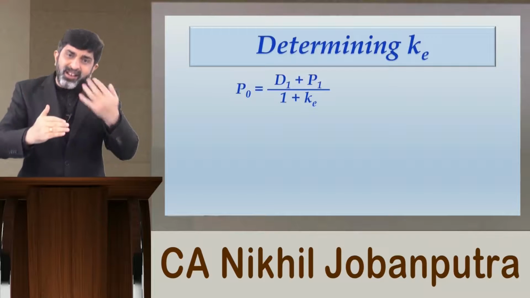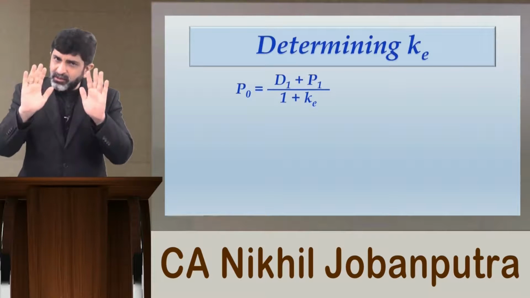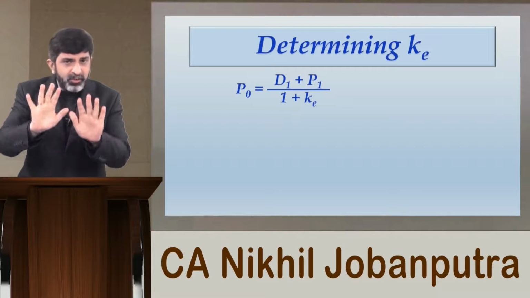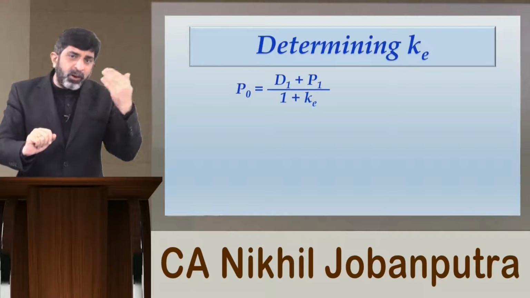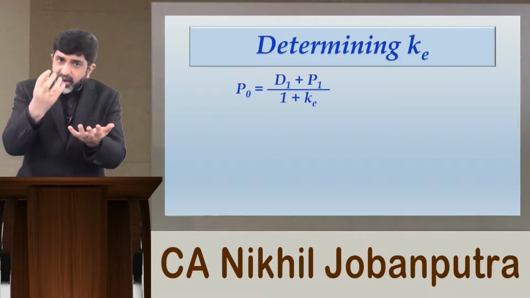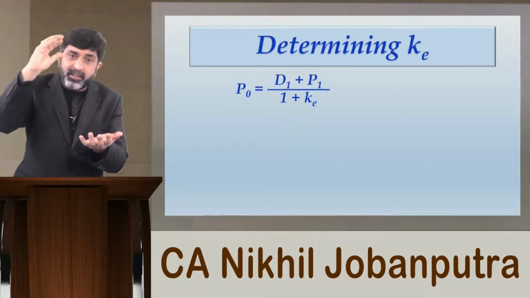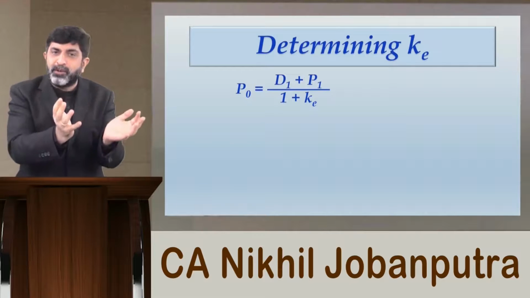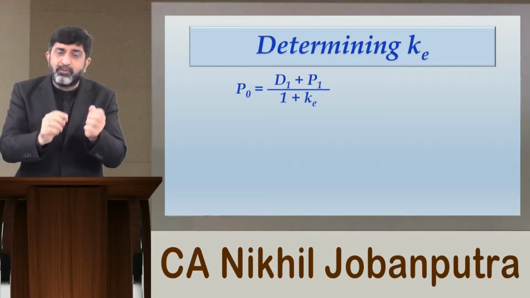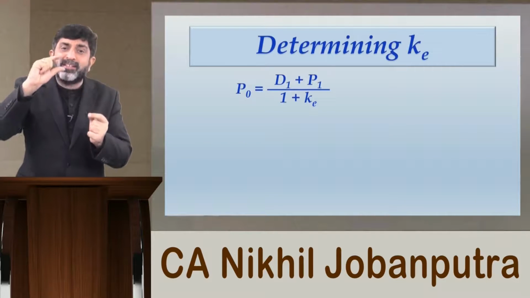Let me give you another dimension to get this logic. Just tell me, how much money are you investing today? 200. That is your current investment. Fine. After 1 year, you will have a dividend of rupees 50 and the share price is going to get to 230. So what will be your total wealth after 1 year? Today you have invested 200. After 1 year, total wealth in your hand will be 280. So your wealth in 1 year is growing by rupees 80.